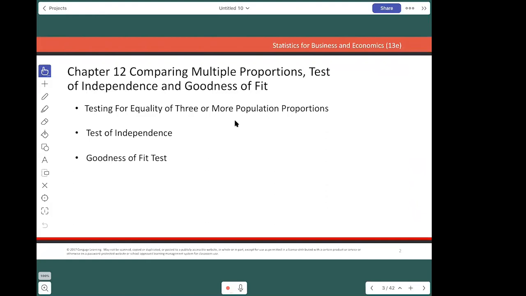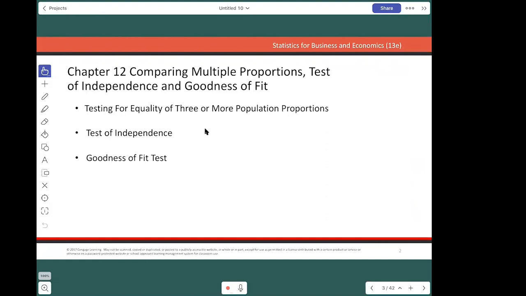If we believe those proportions are the same, then we could actually test a hypothesis around that. So that's an example of the first case right here, which is testing for equality of three or more proportions, right? So I'm saying the same proportion of students who sign up for these different majors.